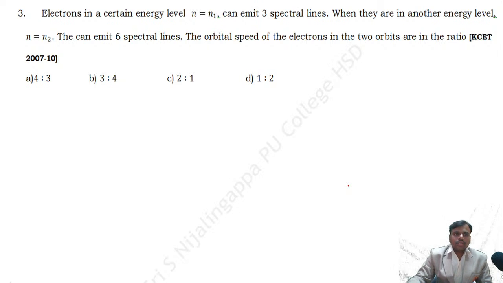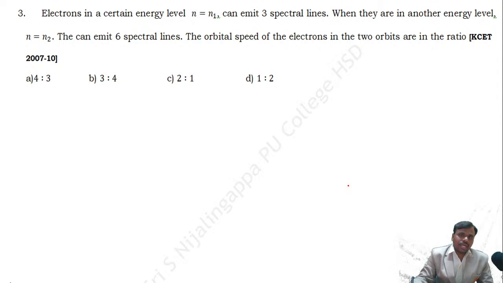Electrons in a certain energy level n equal to n1 can emit 3 spectral lines. That means when an electron is in the n1 orbit, it emits 3 spectral lines. When they are in another energy level, that is n2, then it can emit 6 spectral lines. The orbital speed of the electrons in the two orbits are in the ratio.